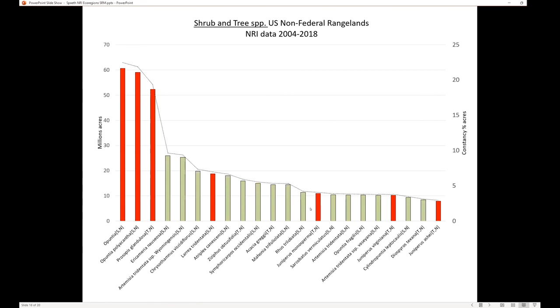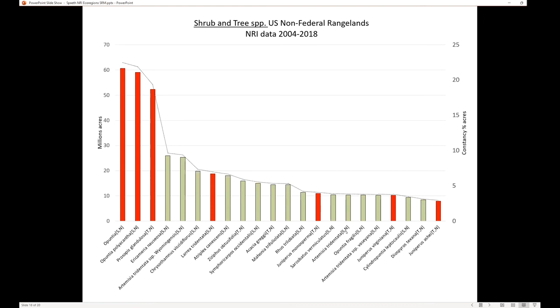Of course, there's Larrea tridentata. And then we look at some of the juniper species: monosperma, virginiana, and ashei, which is a Texas species.